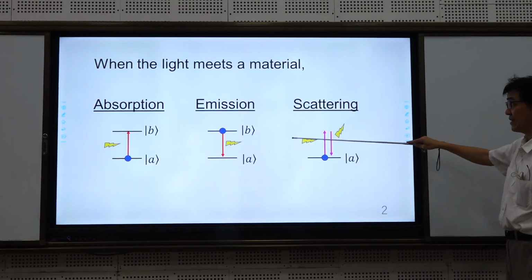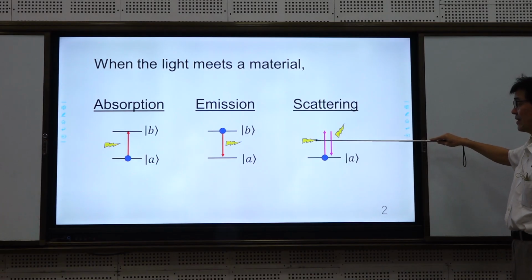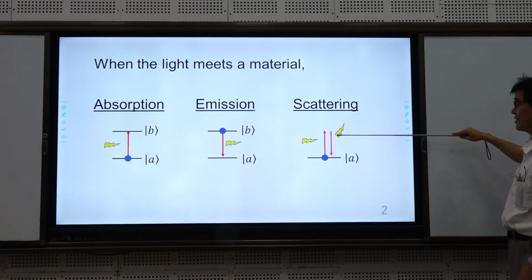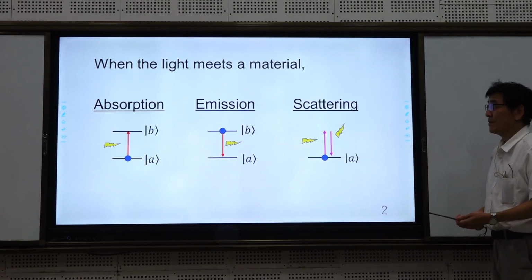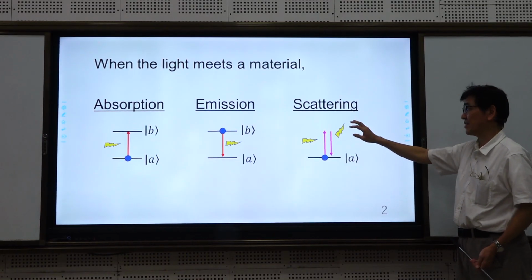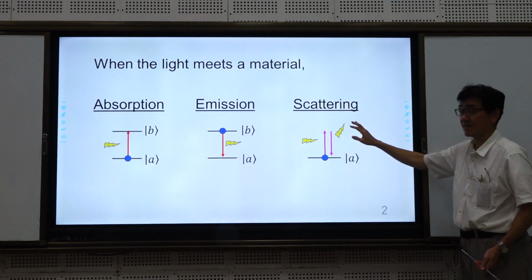And when we irradiate the light, sometimes a process occurs in which the direction of the light changes. This is Rayleigh scattering. When the wavelength changes, this is Raman scattering.